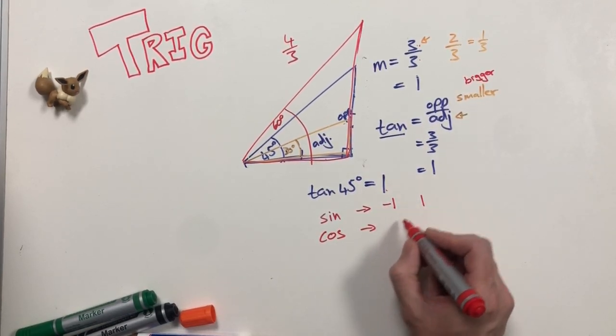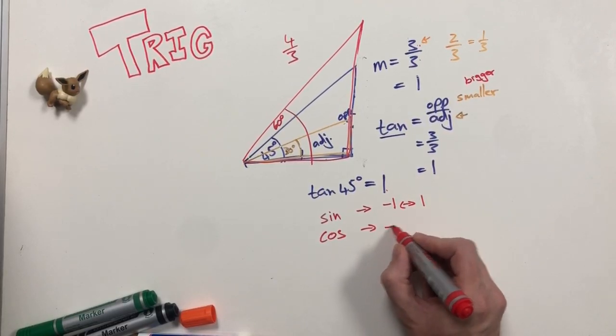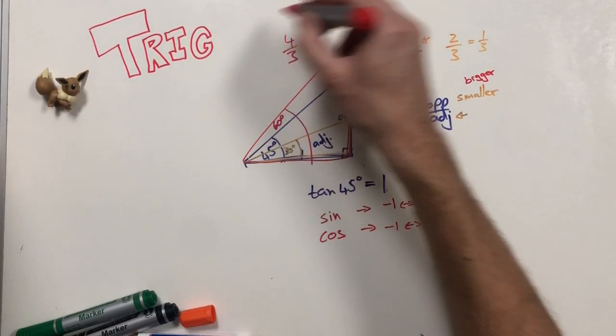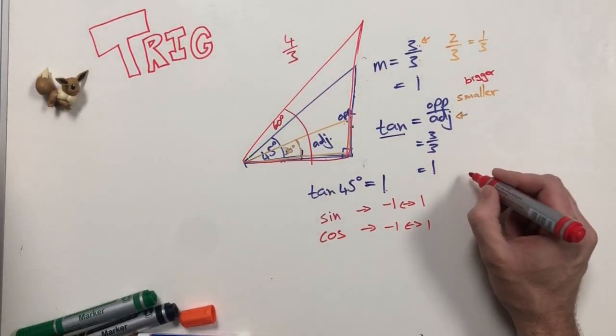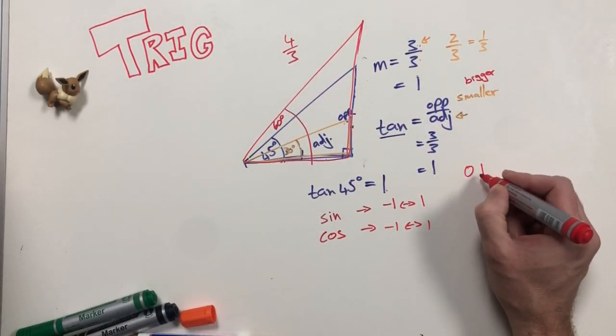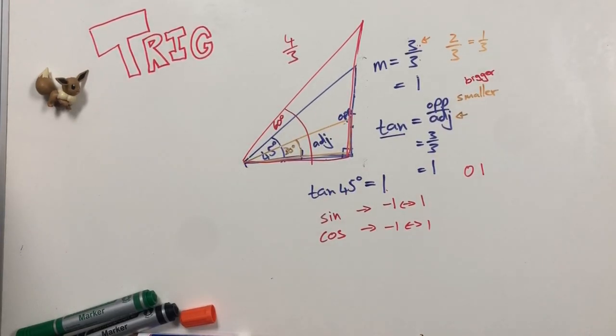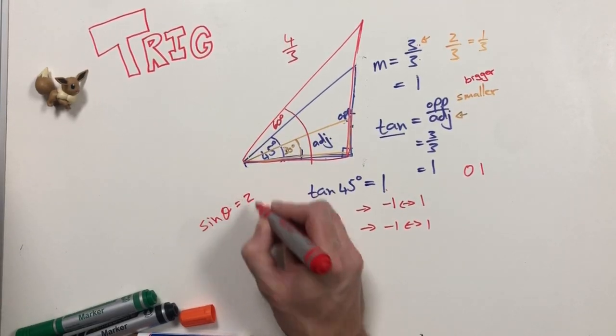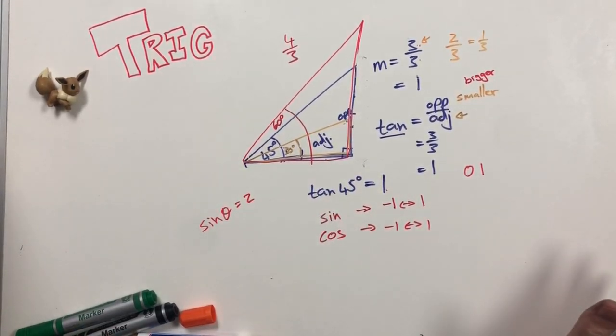But for the angles we're working with in the first quadrant, it would just be from 0 to 1. That's why if you see something that says the sine of an angle is 2, that's impossible. That's not happening.